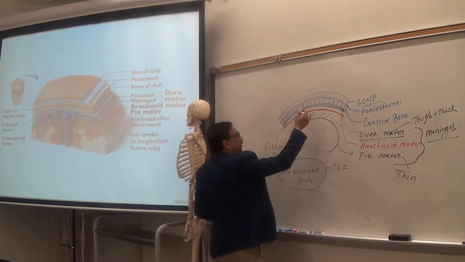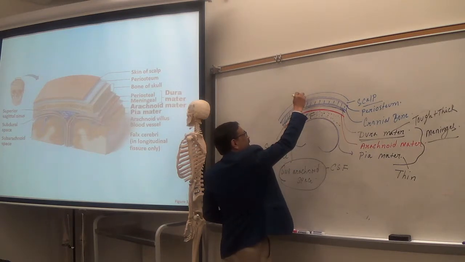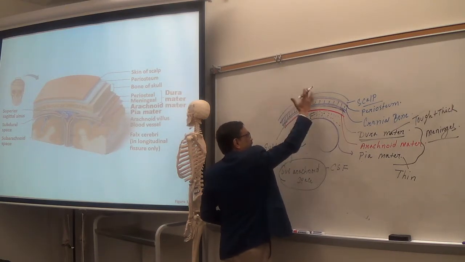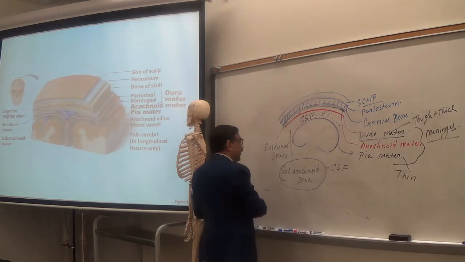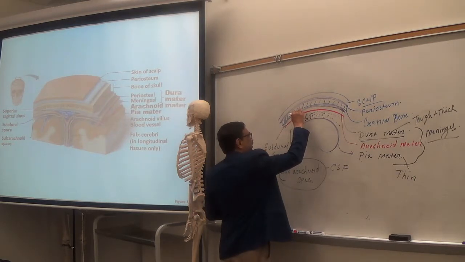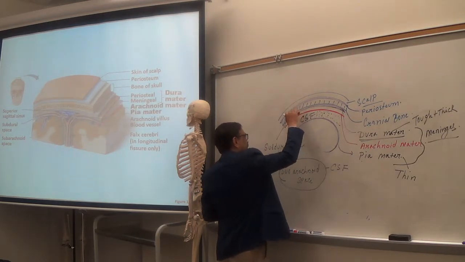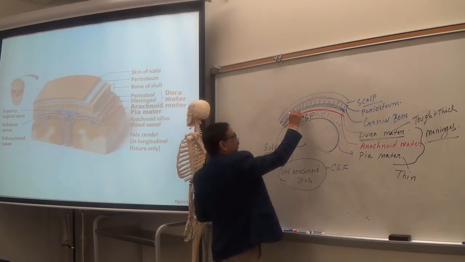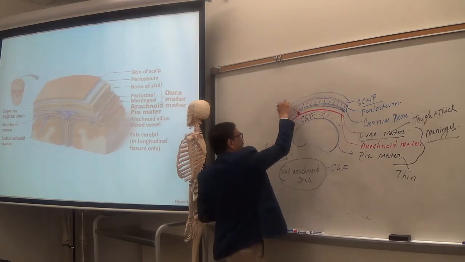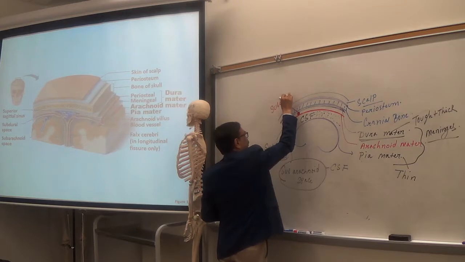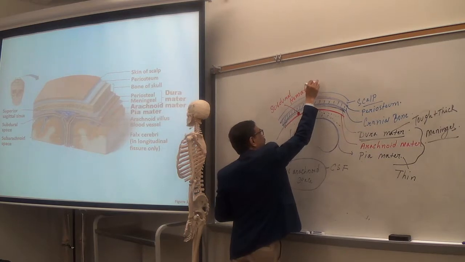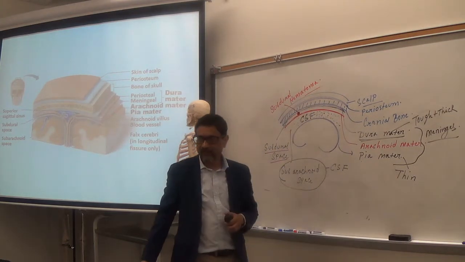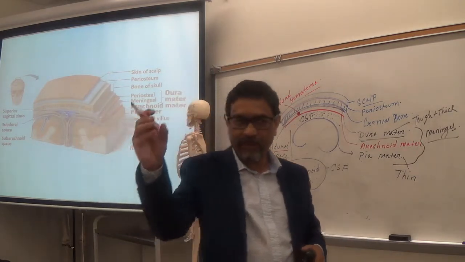Sometimes, if any injury occurs, like something hit your skull, bleeding occurs, that blood can accumulate in these spaces. For example, if blood accumulates in subdural space, that means under the dura mater, that is called subdural hematoma. Makes sense? Okay. If rupture of the blood vessel occurs, blood will accumulate there, right?